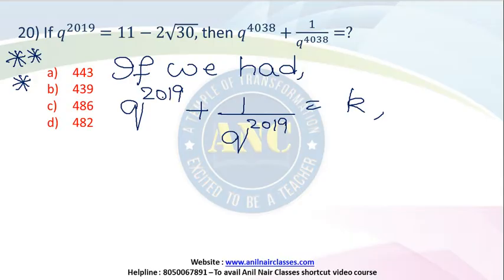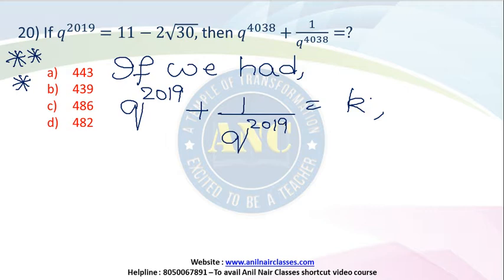Then finding q power 4038 is just doubling, take k square minus 2. That would have been damn easy, and the answer would simply be k square minus 2.